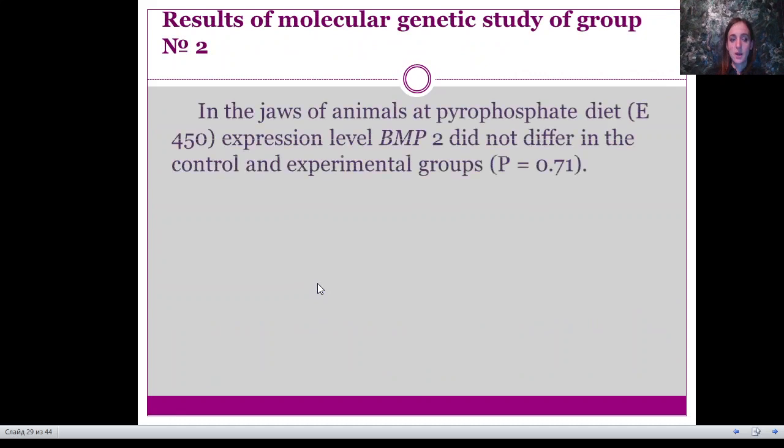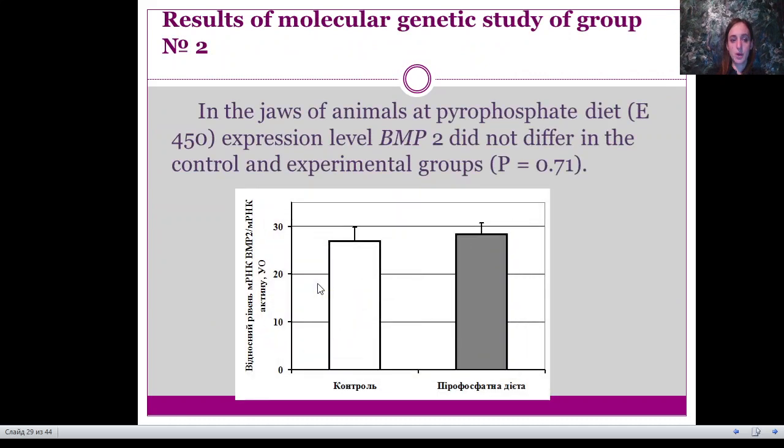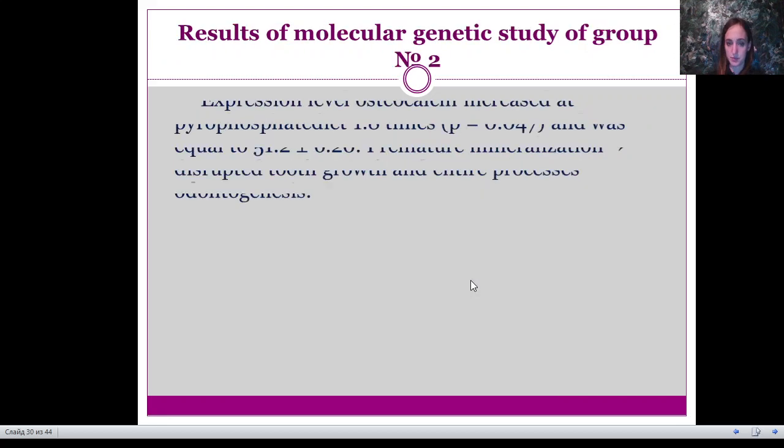And results of the second group. In the jaws of animals on the pyrophosphate diet, remember additional E450, expression level of BMP2 did not differ in the control and experimental group. So it's control group and a pyrophosphate diet.